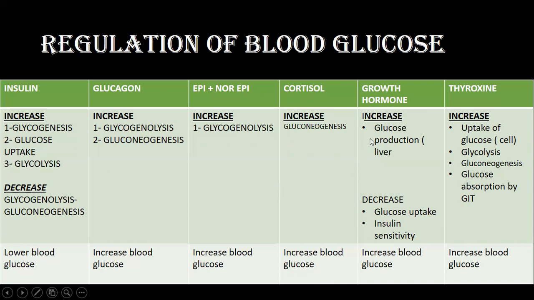Growth hormone increases glucose production in the liver, and also decreases glucose uptake and insulin sensitivity, so it also increases blood glucose. And last is thyroxine. It increases glucose uptake, glycolysis, gluconeogenesis, and glucose absorption by the GIT, and eventually contributes to increased blood glucose.